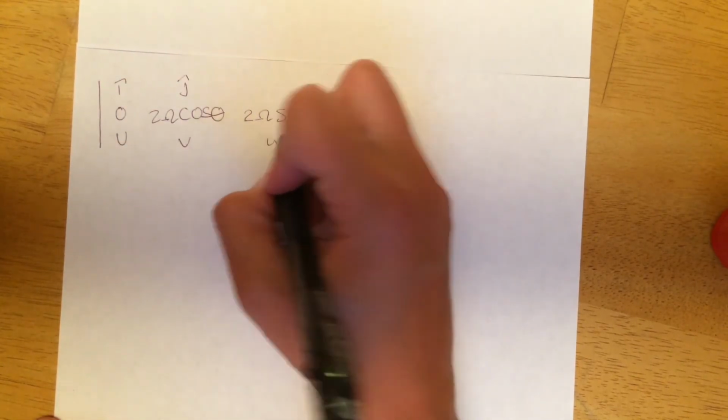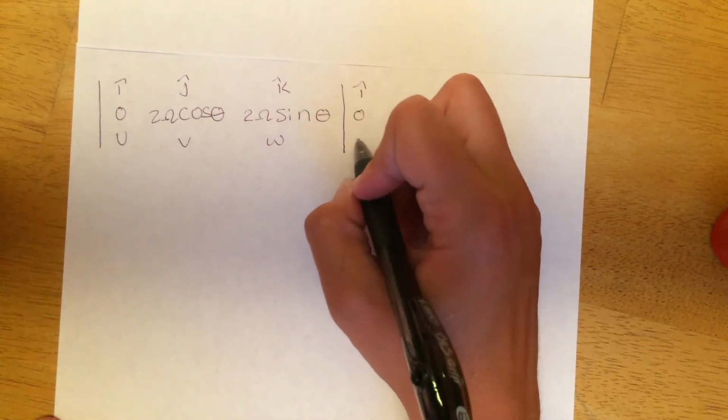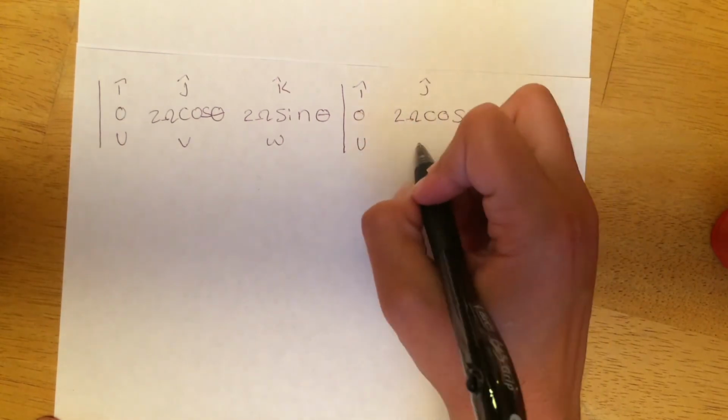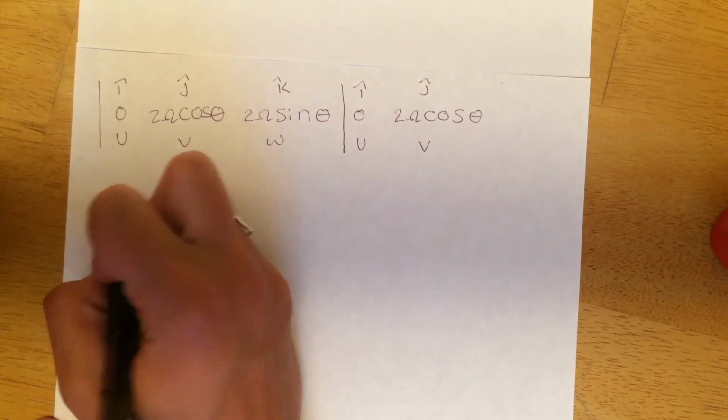So to solve this, we need to calculate in each i, j, and k direction. A little trick is to move the first two columns outside the matrix. We want to multiply on the diagonal, starting with i.